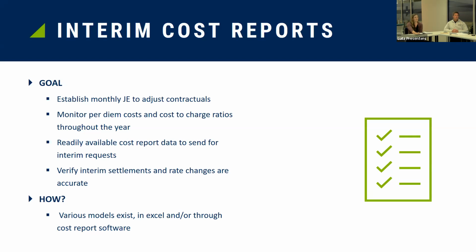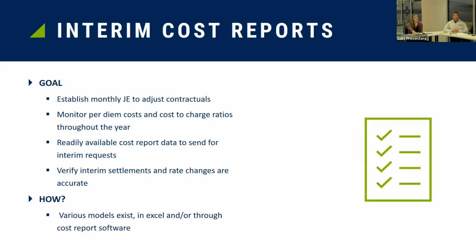So at least once a year from your intermediary, you should be receiving an interim request. And if you're doing these templates, the time to comply with that interim request becomes easier, less time consuming, and hopefully more accurate for your facility. And you can also verify that the information that the intermediary is sending back to you for those interim settlements and rate changes are accurate and are working in your current year of operations.